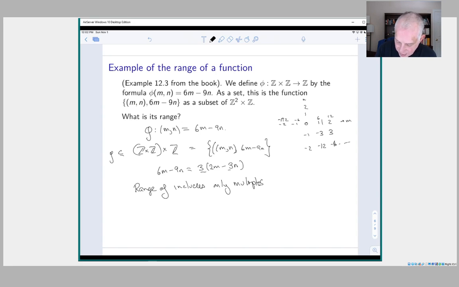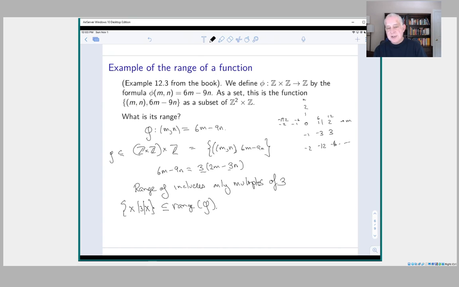Or in set theoretic terms, the set of x such that 3 divides x contains the range of phi. But a reasonable question would be, are they equal? Can you get every multiple of 3 out of this function?